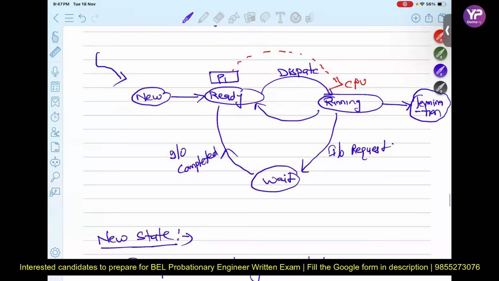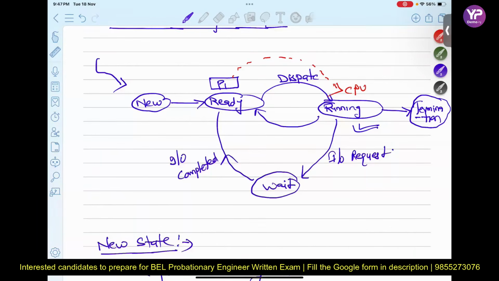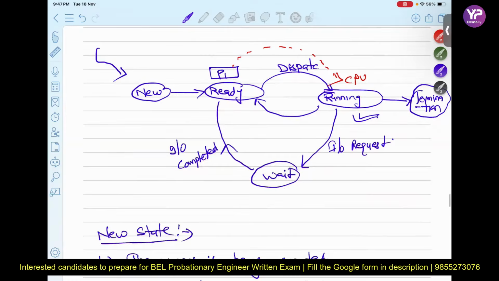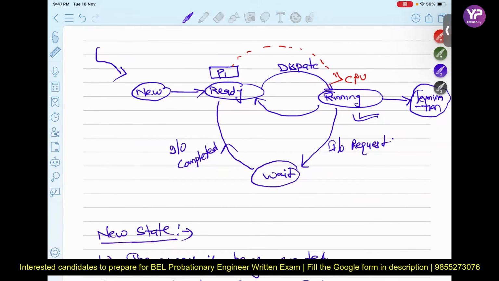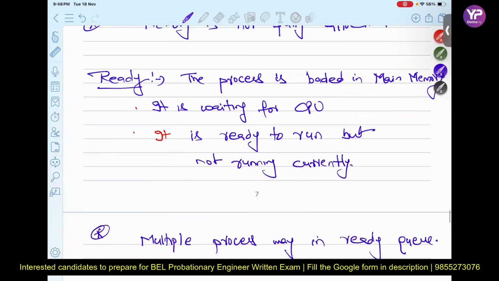Now see, one process is in the running state and it requires some IO command, input output commands. Maybe it is going to take input from the keyboard, or it is going to display something on the screen. So it requires input output devices. At that moment, the process is moved from the running state to the waiting or blocked state.